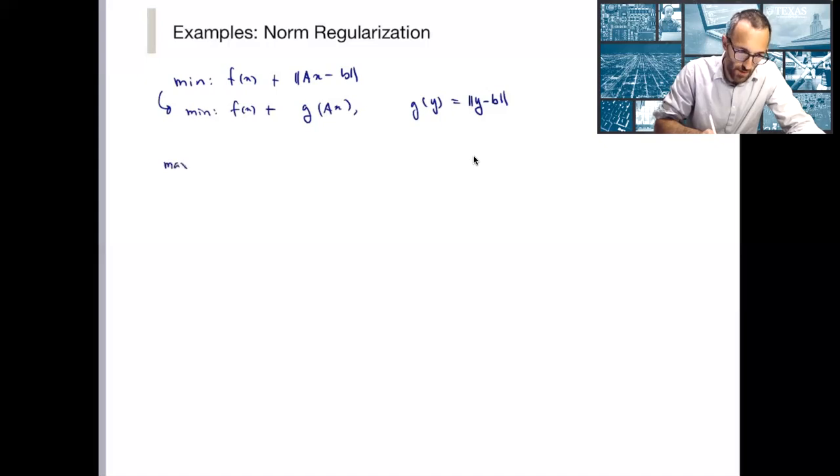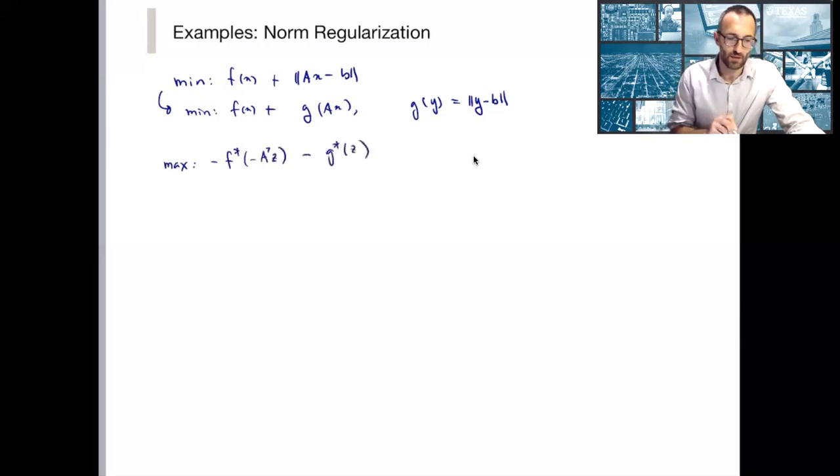It's maximize minus f star of minus A transpose z minus g star of z. So we need to compute what g star of z is. Here we have a translation, so we know how that's going to look.